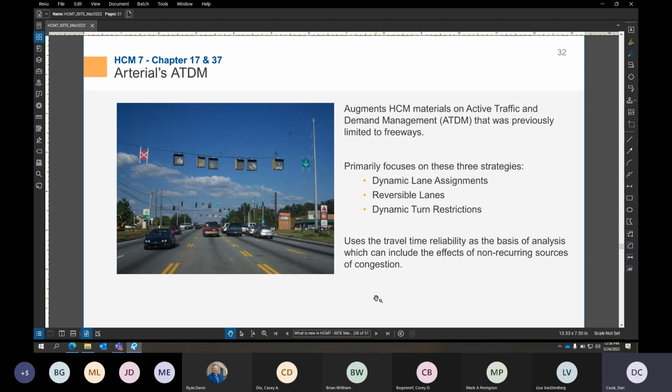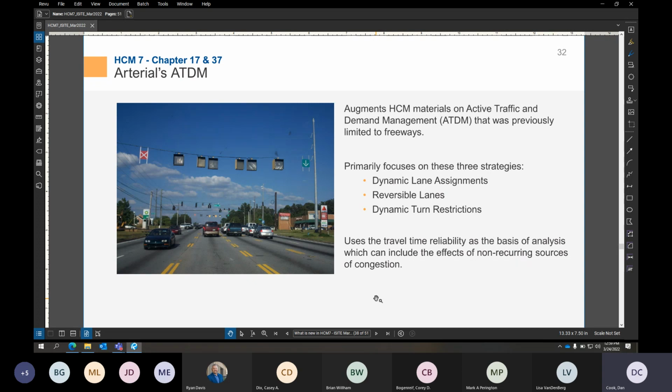And these are conducted through a reliability analysis, which I talked about a little bit before. I'll probably go into a little more detail here, because I think it's something that is highly underutilized in the methodology in the Highway Capacity Manual.